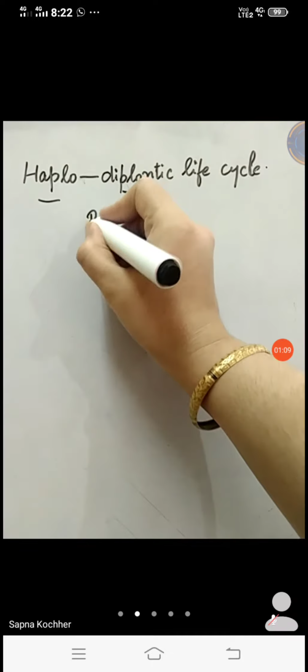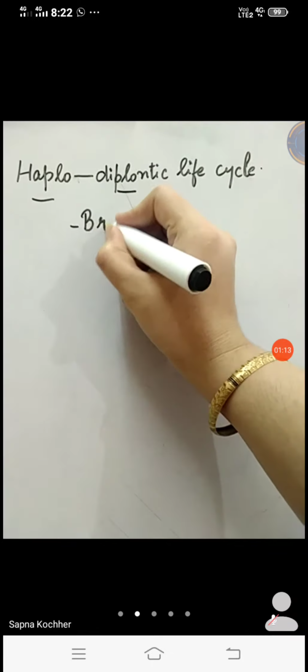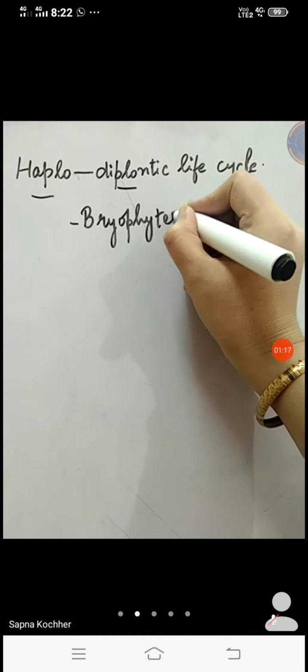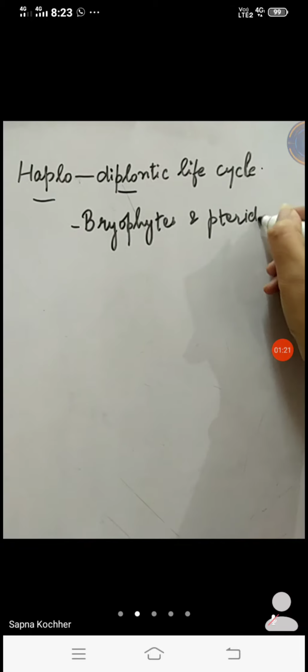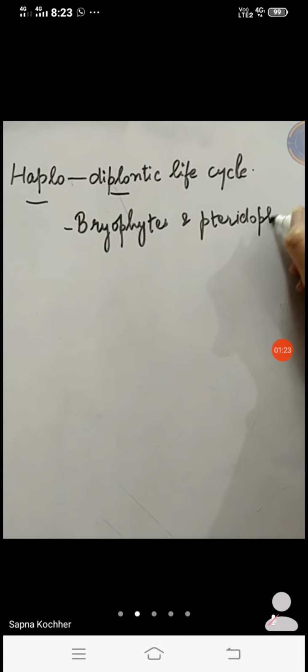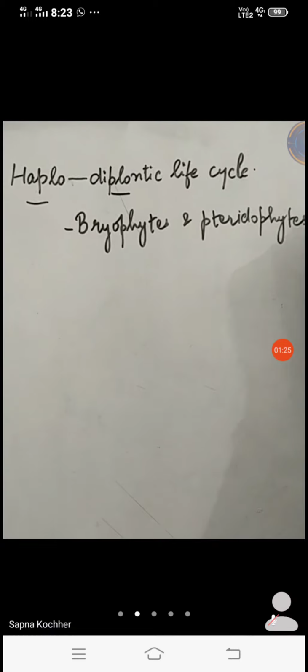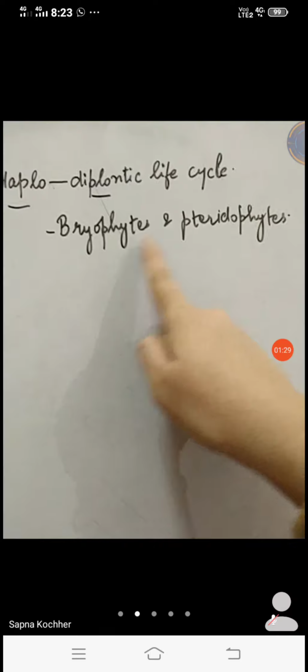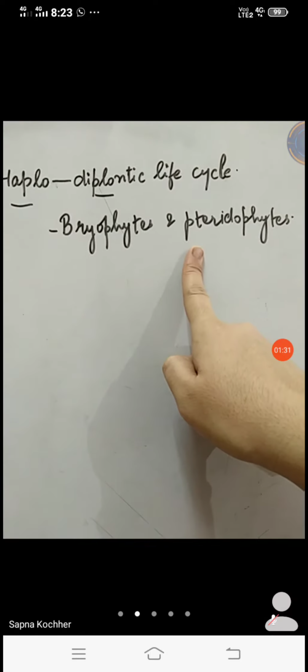So examples of the organisms where the haplodiplontic life cycle is seen are the members of bryophytes and pteridophytes. Both of these show the presence of this type of life cycle, but the only difference is which phase is long lived and which phase is short lived in both, right?